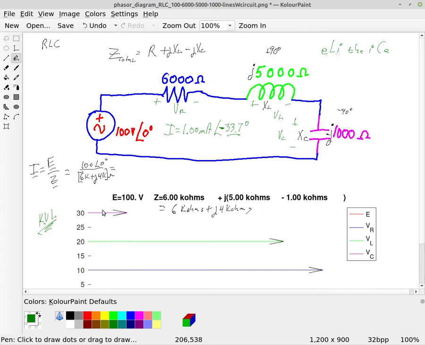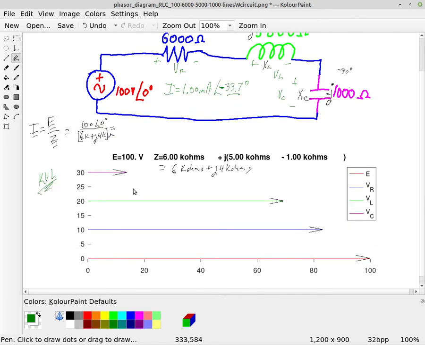You can see I have these drawn at the moment, but I just want to calculate them and see what they are. So if I scroll down and look at the whole thing, remember the E was 100 volts. These are the vectors, these are the phasors. These are the magnitudes. What I've got drawn here is the magnitude.